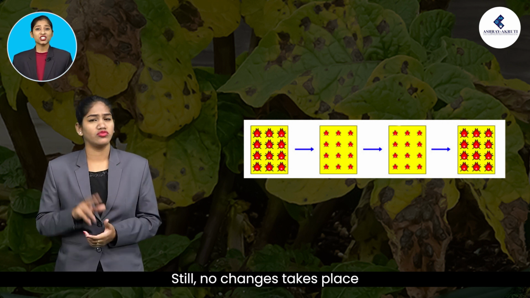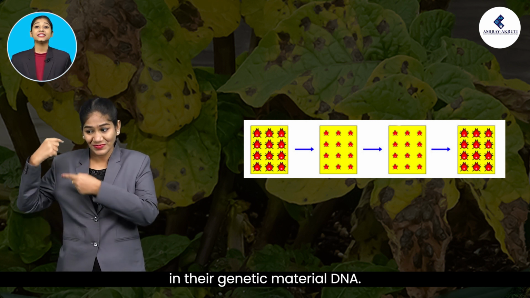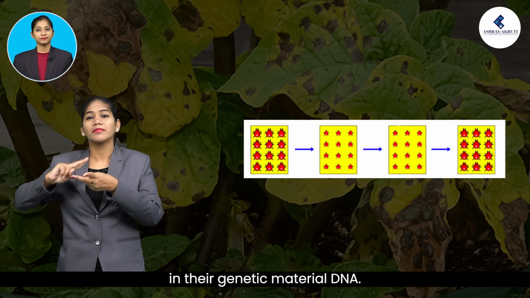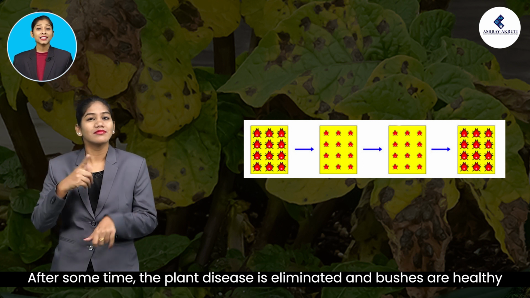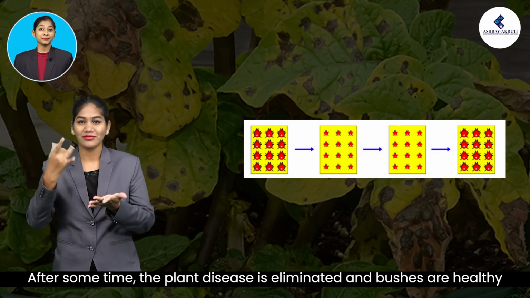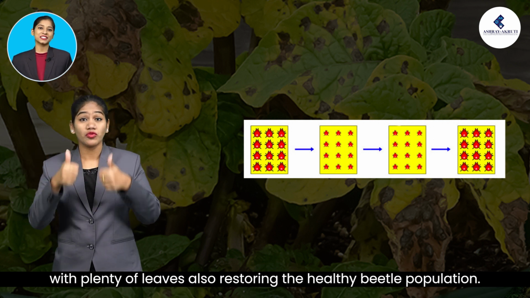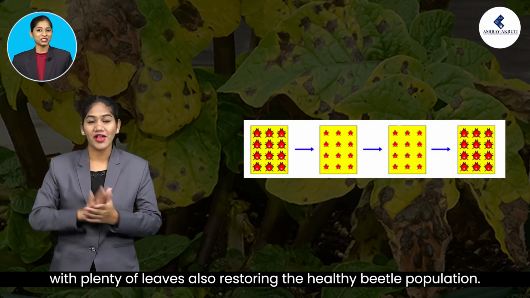Still, no changes take place in their genetic material, DNA. After some time, the plant disease is eliminated and bushes are healthy with plenty of leaves, also restoring the healthy beetle population.